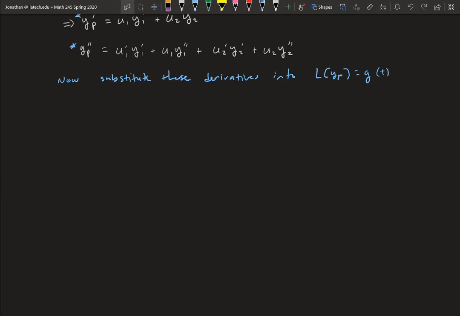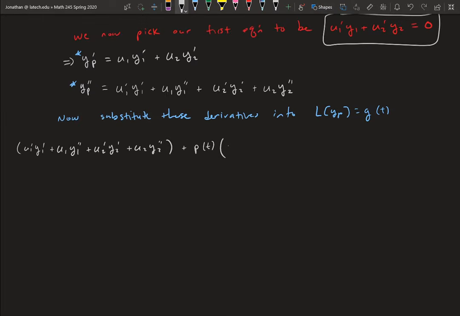The first one is yp double prime, so that's u1 prime y1 prime plus u1 y1 double prime plus u2 prime y2 prime plus u2 y2 double prime, plus p of t times yp prime.